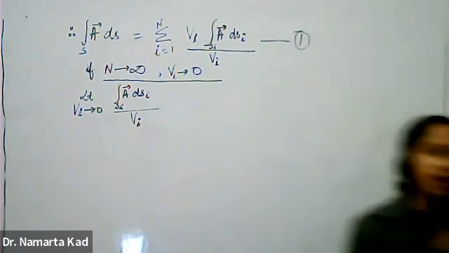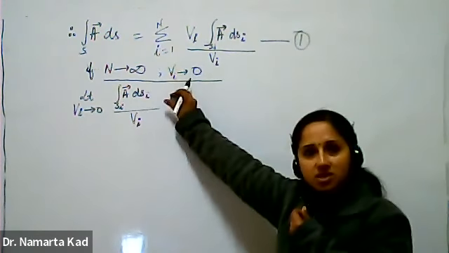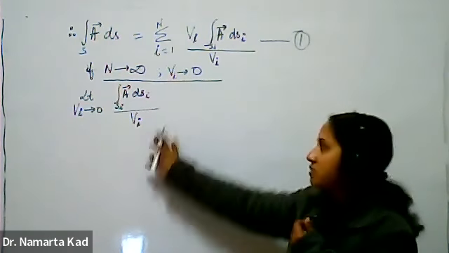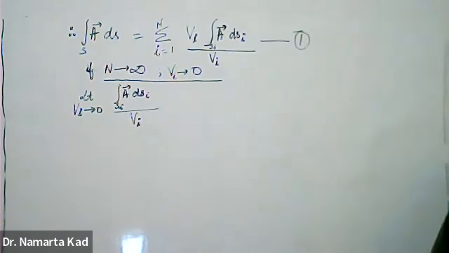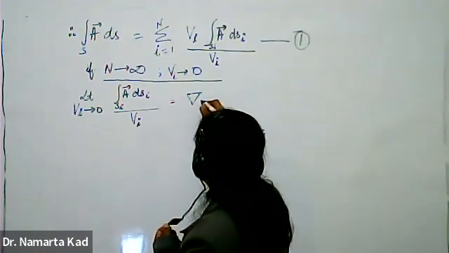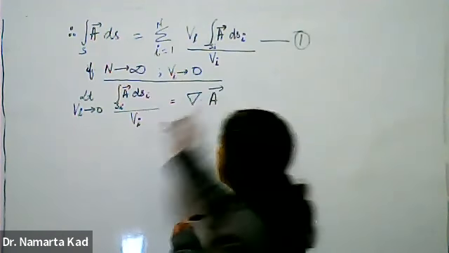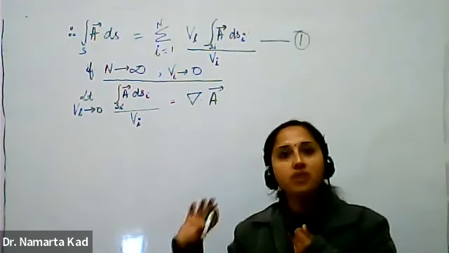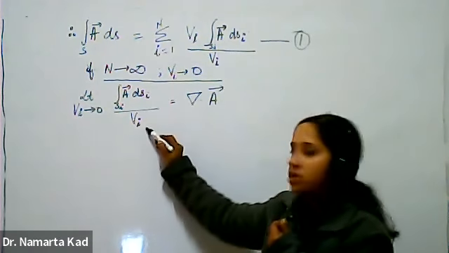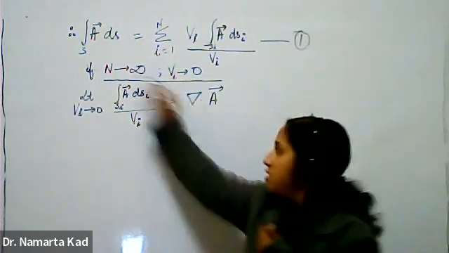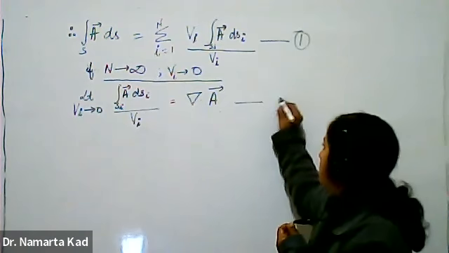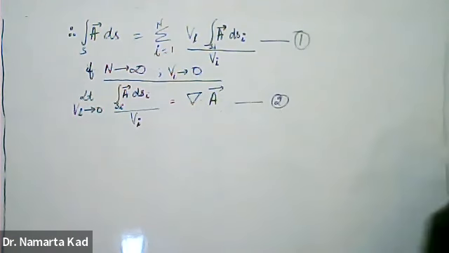I am going to apply this limit on the flux diverging over the volume V. Only upon this quantity, that is the flux diverging over the volume V, and this limit represents your divergence. This is the actual representation of divergence. Mark it as equation number 2.